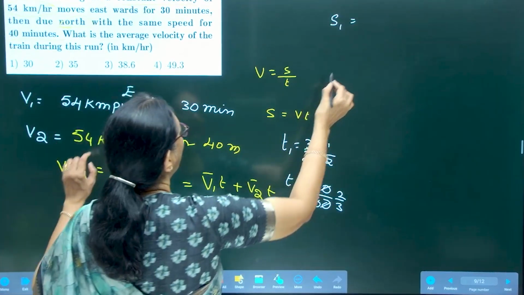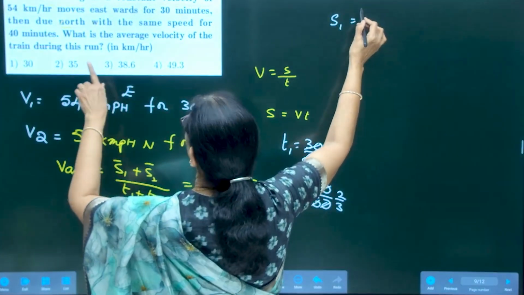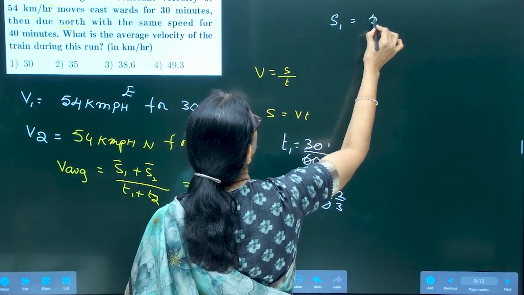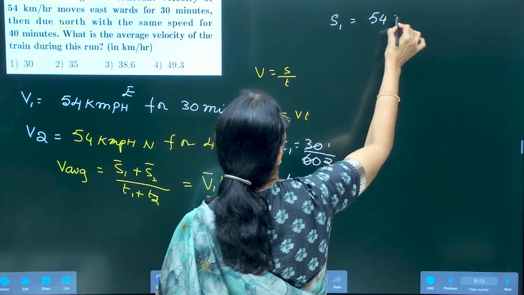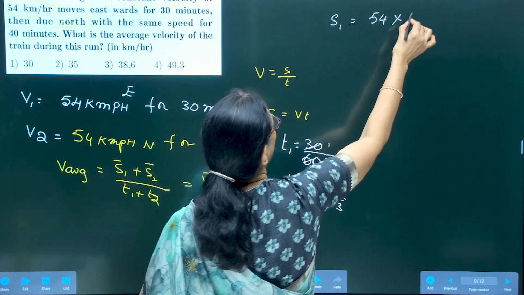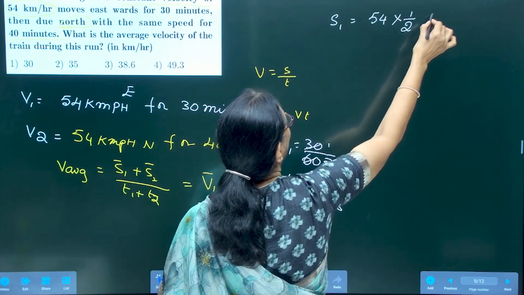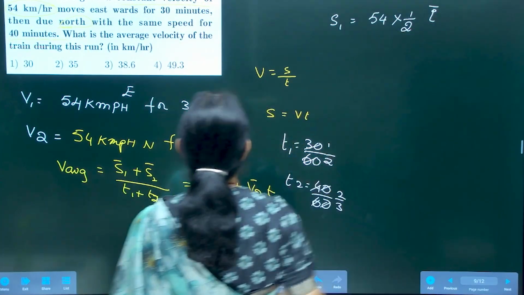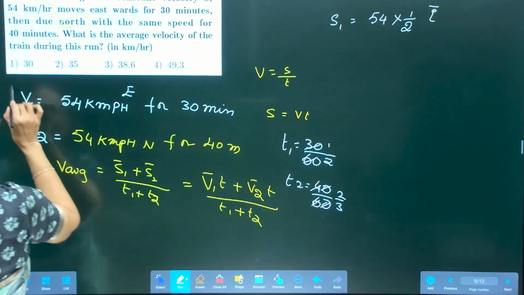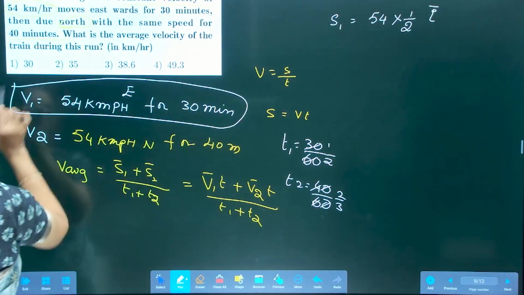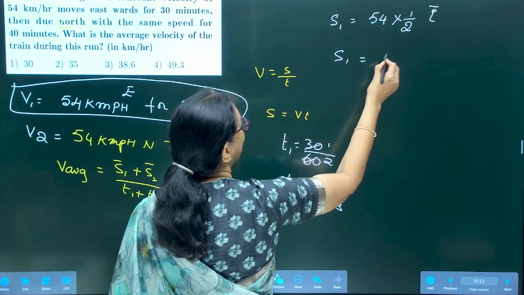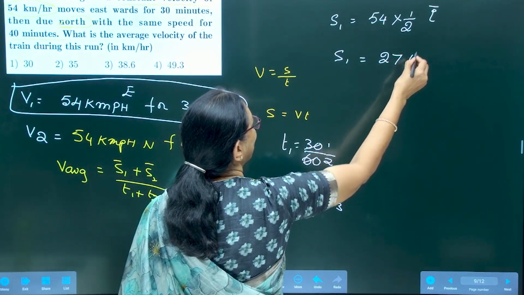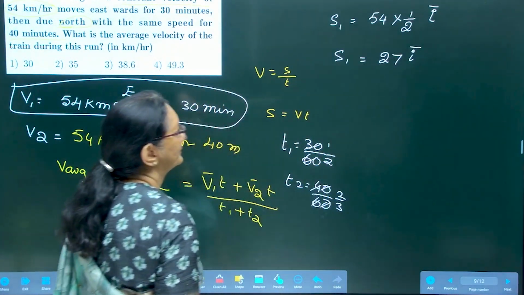So S1 is equal to V1 into T. V1 is 54 km/h, and 30 minutes means half an hour, east. East is taken as i bar. So S1 is equal to 27 i bar.